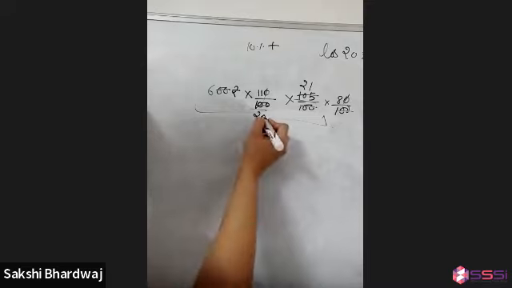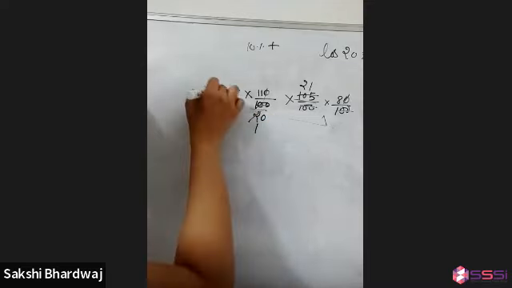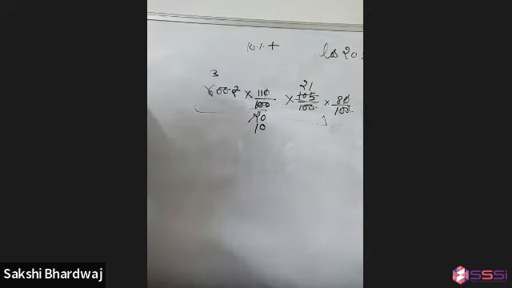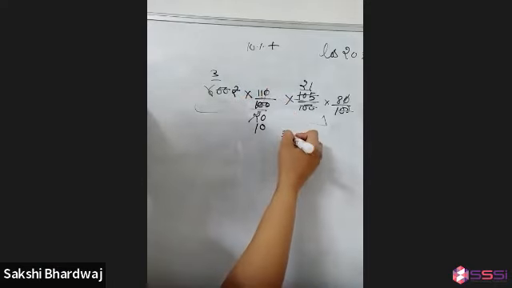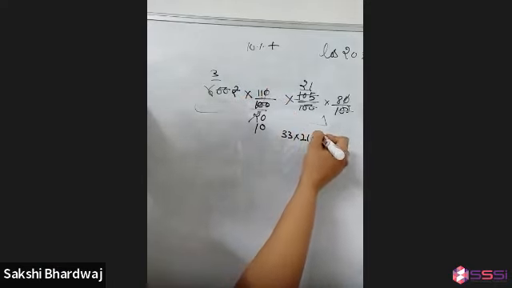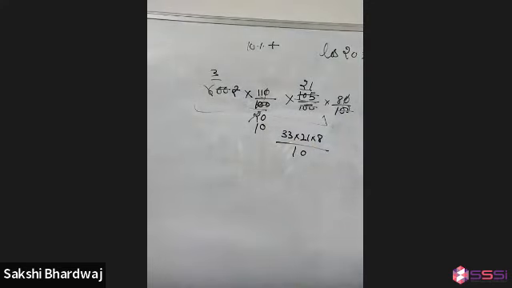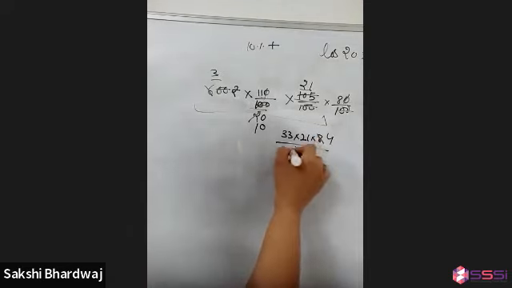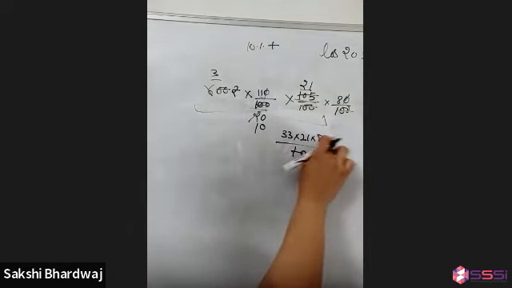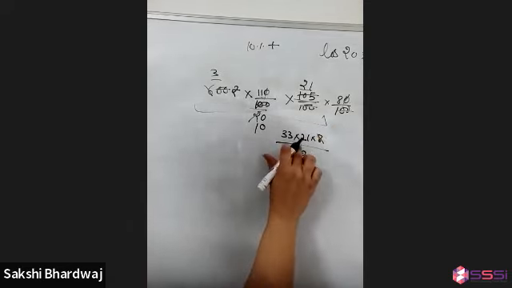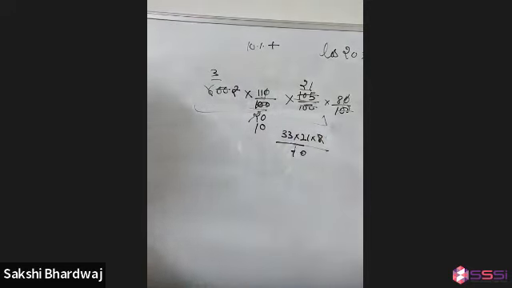So 2 ones are 2 and 2 threes are 6. It is 10 here. 11 into 21 into 3. 11 into 3 is 33. 3 into 21 into 8 upon 10. Multiply and simplify. Keep 4 upon 5 as it is, keep this as 10, because dividing by 10 is much simpler than dividing by 5.